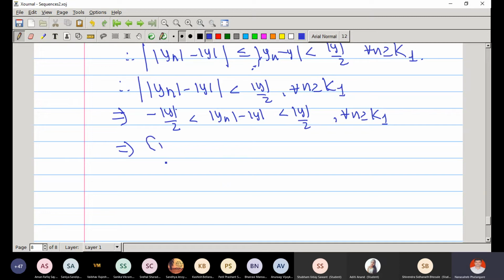What can we do further? Absolute value of y minus absolute value of y by 2, for each n greater equal k1. Okay, what next?